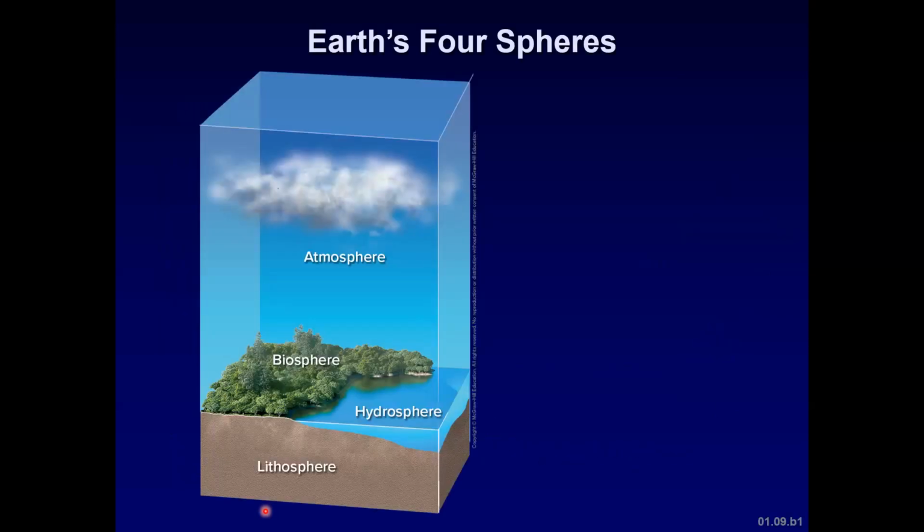We could also think of Earth in terms of 4 spheres: the atmosphere, the biosphere, the hydrosphere, and the lithosphere. Now, the lithosphere is the solid part of the Earth on top of the asthenosphere. We're going to just use this very broadly.